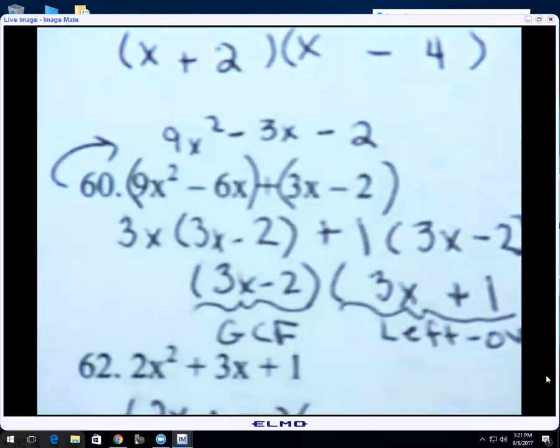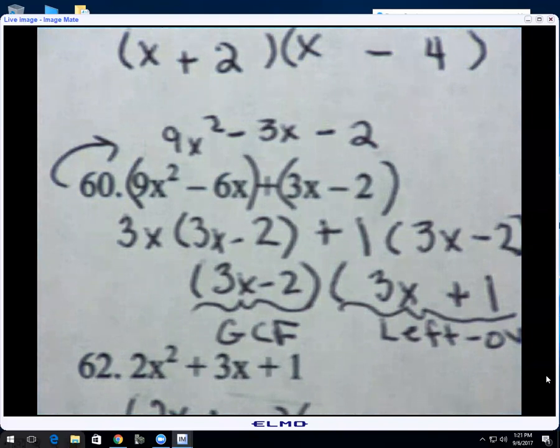If I combine like terms, I'd have the hard kind of trinomial. I wouldn't think I could use grouping on something that only had 3 terms. But if I can think of a way to split that middle term and make it 4 terms, then I can use grouping. And grouping's easy, I like it.